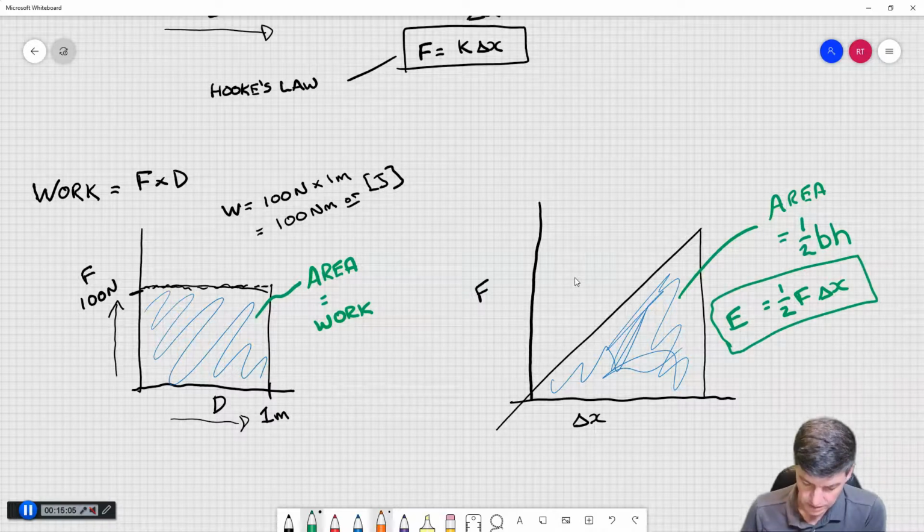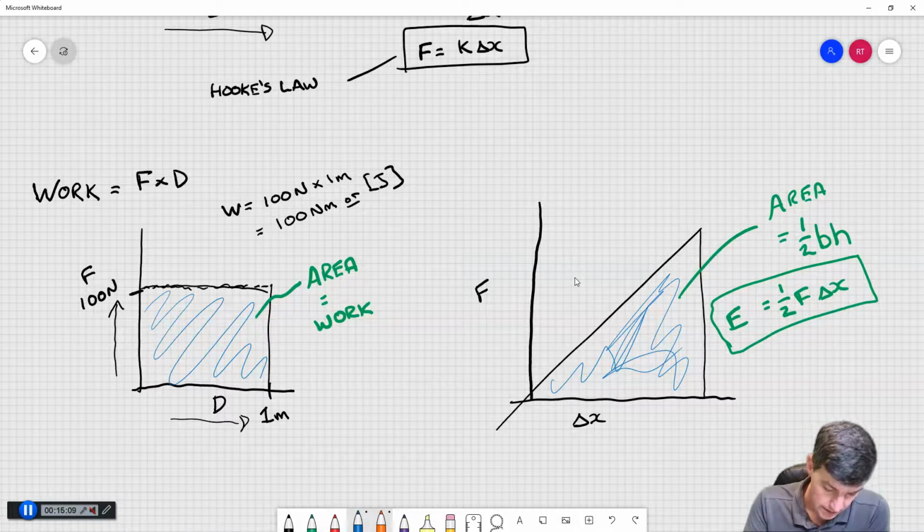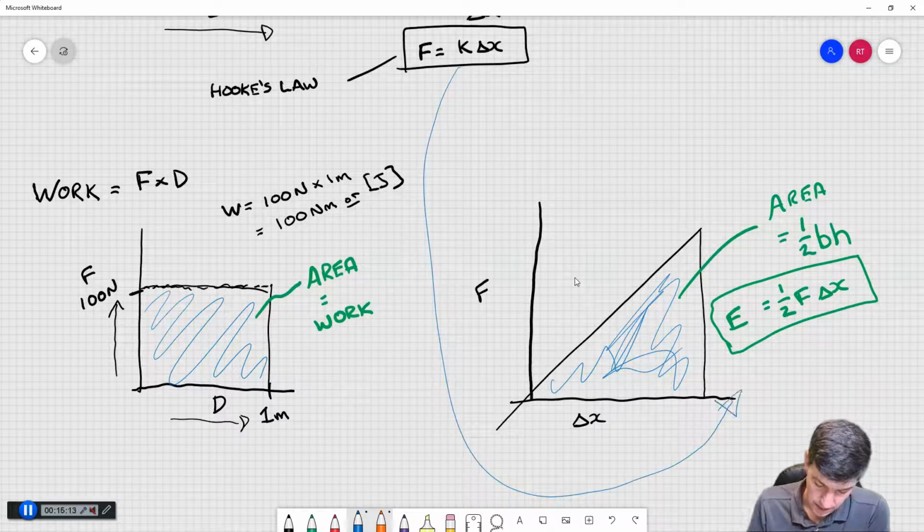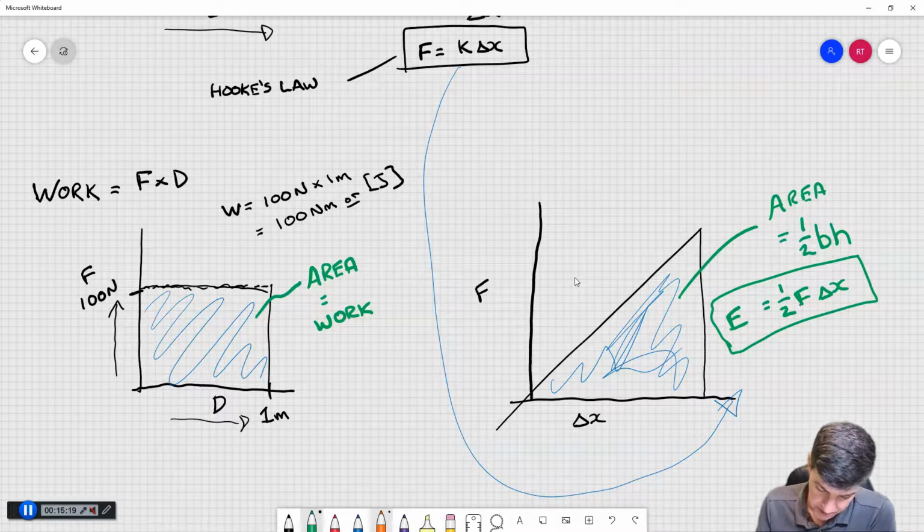And I can go one step further with this equation, which is to bring in what I know from Hooke's law and substitute that for my force. So my force term here will get replaced with k times the change in length.